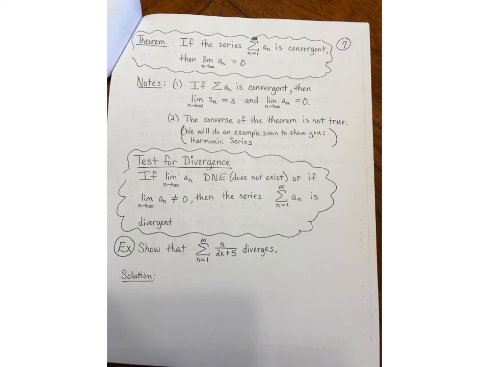So let's see how the test for divergence works. In this example, we want to show that the series, the sum where n ranges from 1 to infinity of n divided by 2n plus 5, diverges. The test for divergence suggests that we should look at the limit of a sub n as n approaches infinity.